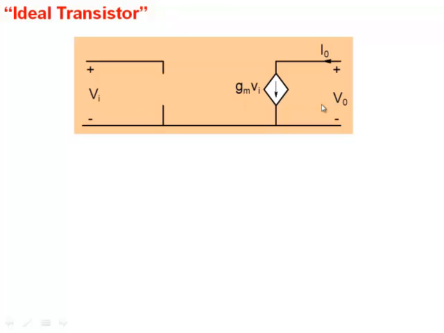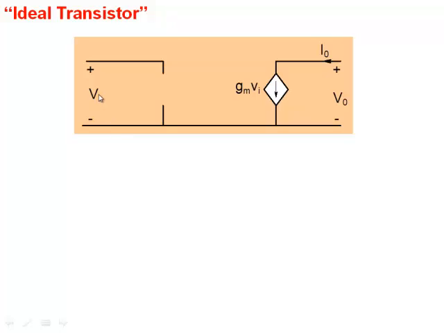Here I've drawn an equivalent circuit, and we find I0 doesn't depend on V0 at all. In that sense, I'm calling it an ideal transistor. It depends on Vin, and we call this parameter gm Vi. So from the output side, this is what we are looking for: an output current which doesn't depend on V0 and which is sensitive to Vi.